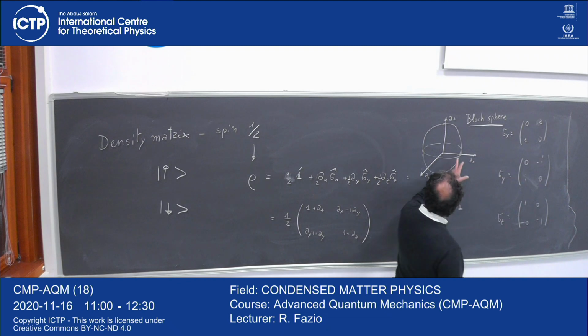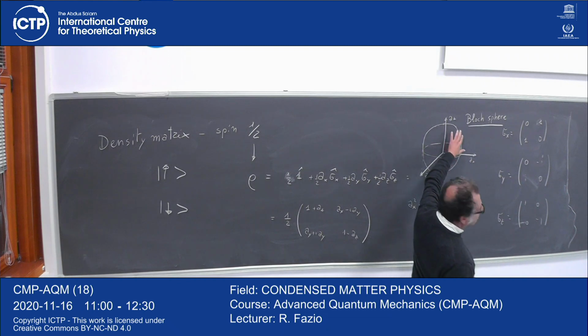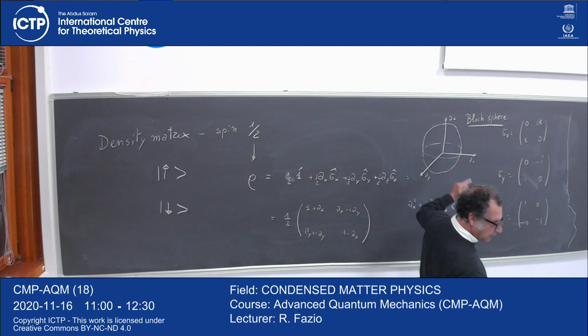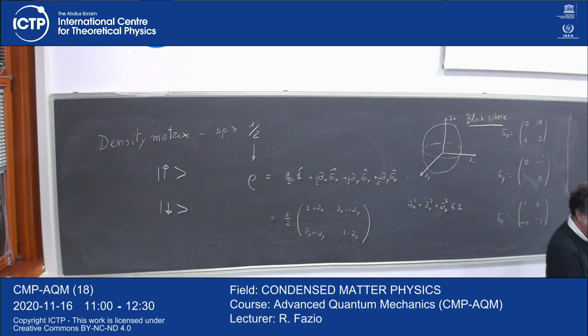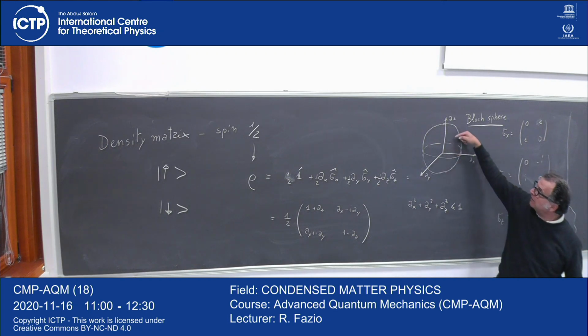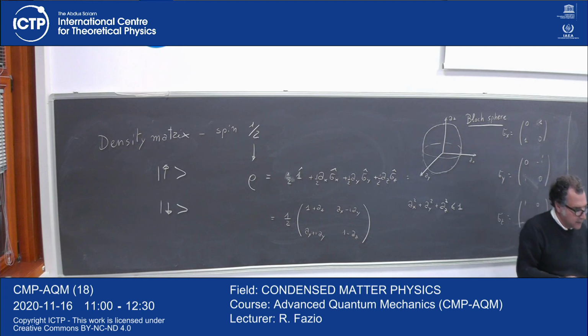Yeah, so basically you can verify that the purity is 1 on the surface of the Bloch sphere, and I will show you in a second. When you take a state which is not on the surface but inside the sphere, so the radius is smaller than 1, the purity is less than 1.